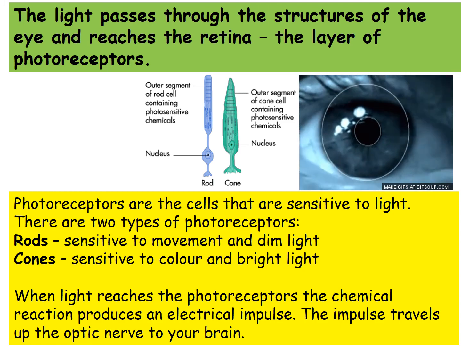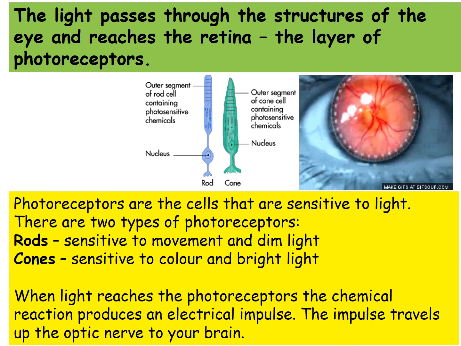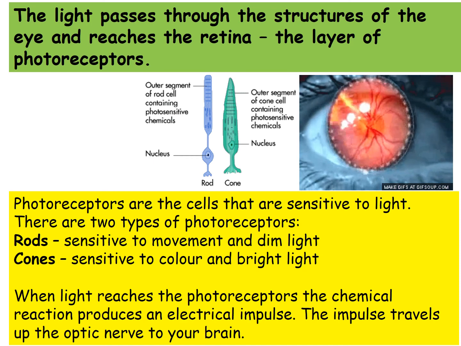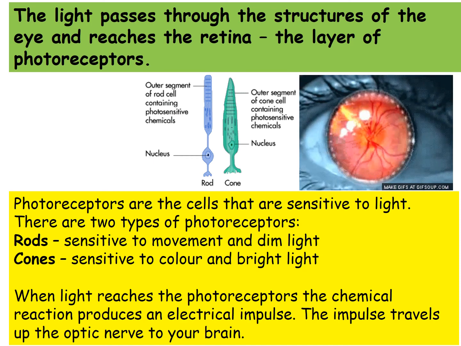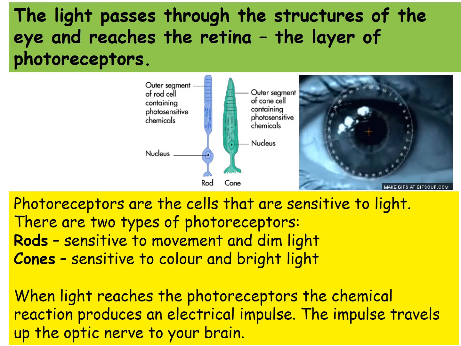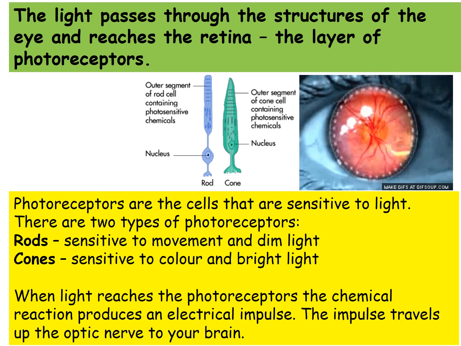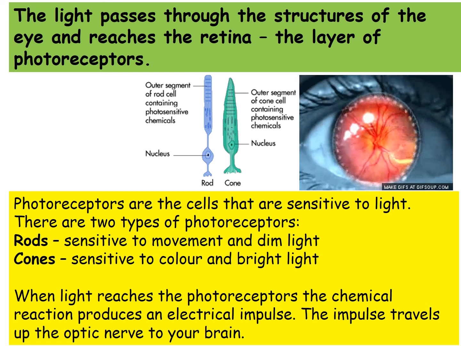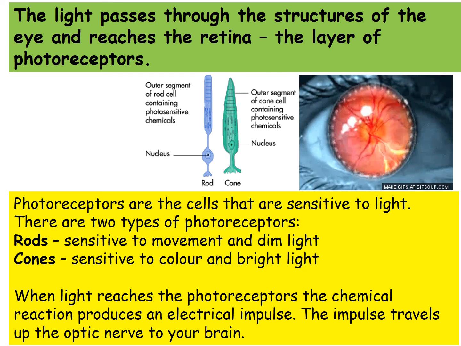Okay? And there's 2 types of photoreceptors, rods and cones, because we see different levels of light and different levels of color. So the rods, as you can see in the diagram above, they're sensitive to movement and dim light.